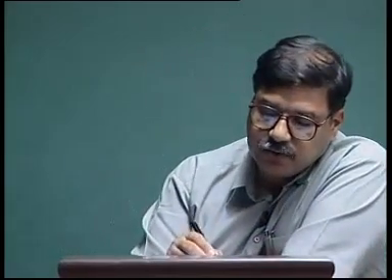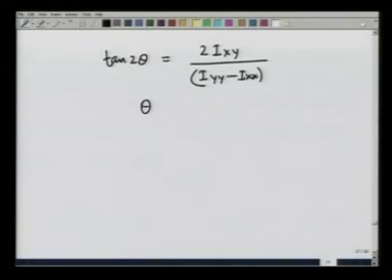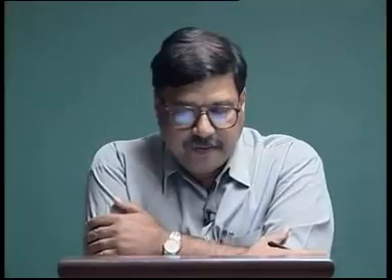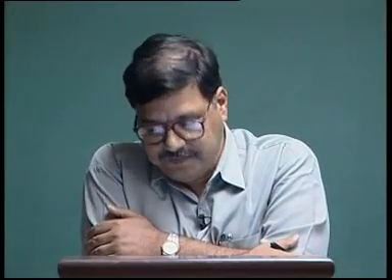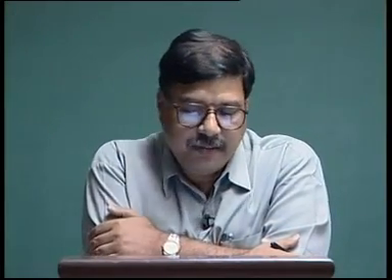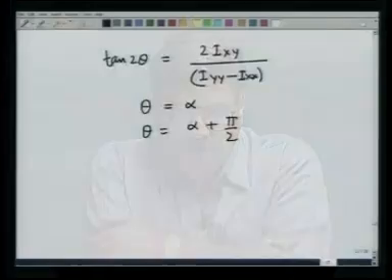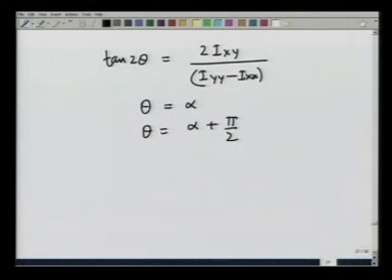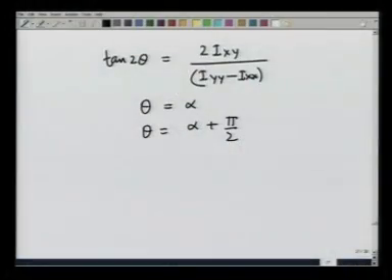This equation has two solutions. Suppose one of the solutions is theta equals alpha, then theta equals alpha plus pi by 2 is also a solution. So, by rotating by angle alpha, I maximize or minimize the moment of inertia about that particular axis. You can show that about the axis at alpha plus pi by 2, it will be the other way. If it maximizes at alpha plus pi by 2, it will minimize, and vice versa.